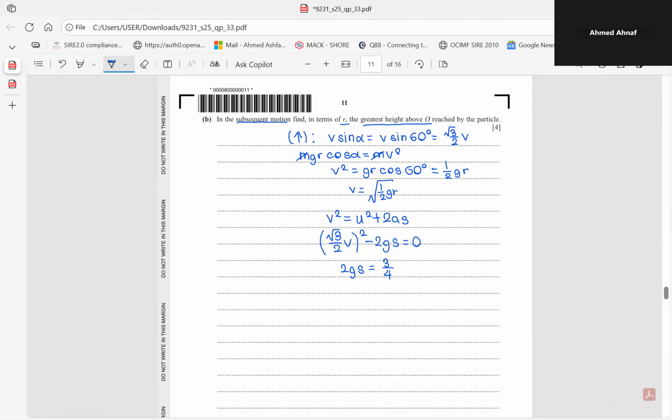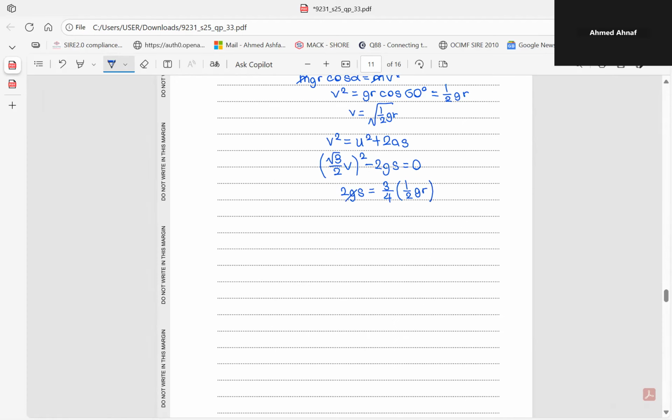So v squared is just half gr. Okay, so the g's cancel out. So s would just be 3 over 8 times half r. So this would just give you 3 over 16 r.